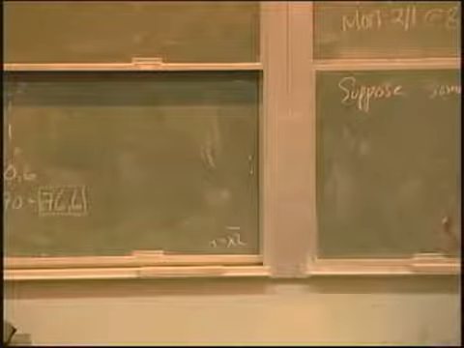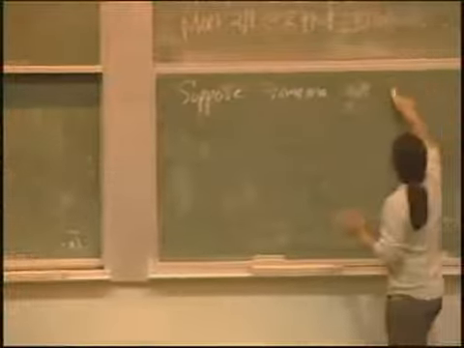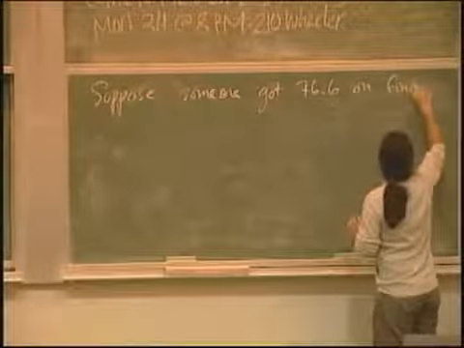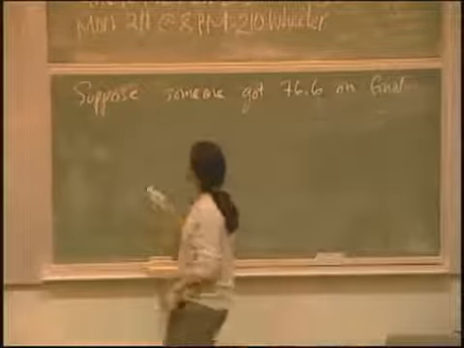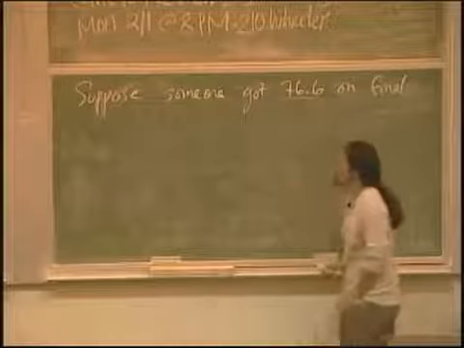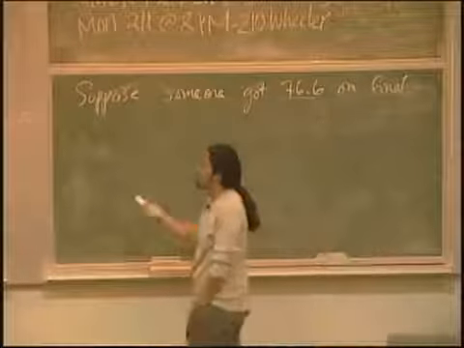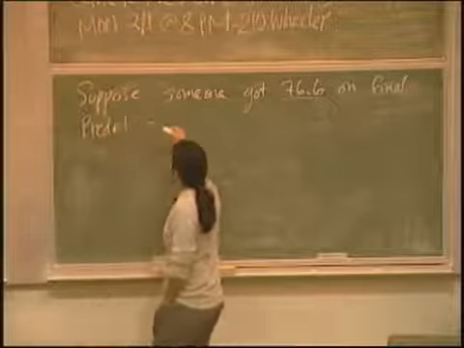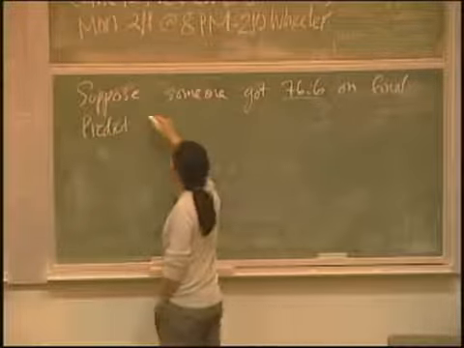So suppose that's a possible score. Let's suppose we want to predict that person's midterm score. Somehow we know their final score. We don't know their midterm score.